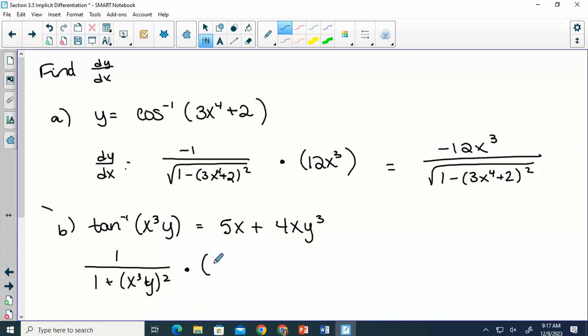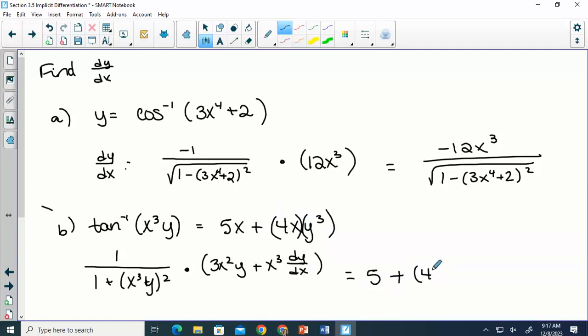What would I have to do? Derivative of the first times the second plus the first derivative of the second. Derivative of y would be dy dx. Equals derivative of 5x would be 5. Plus, for this, we would have to do product.